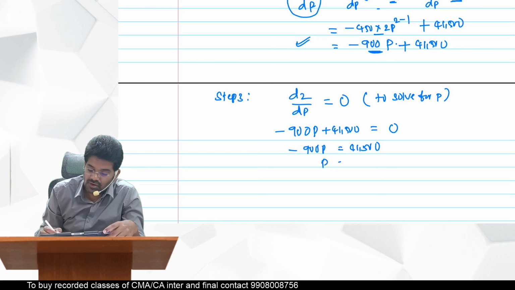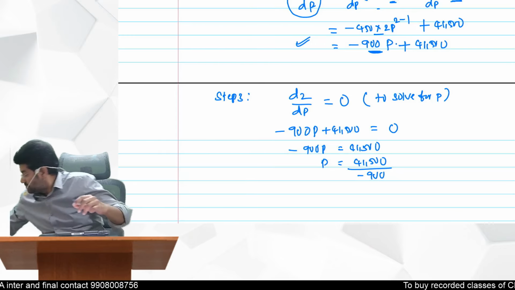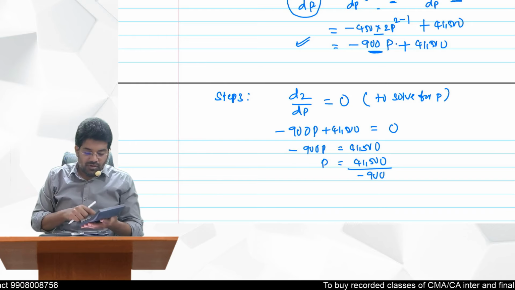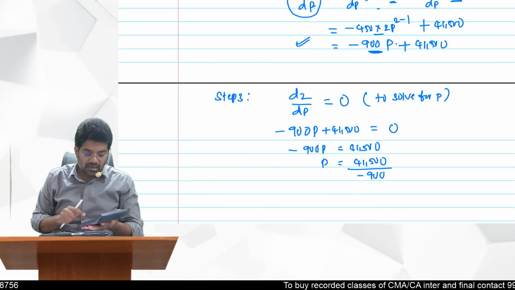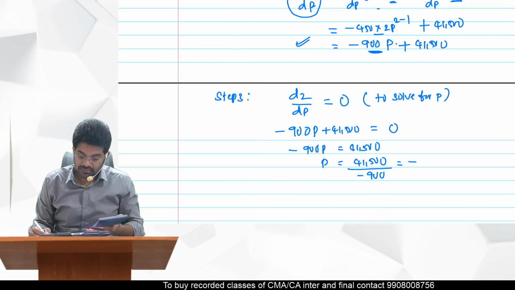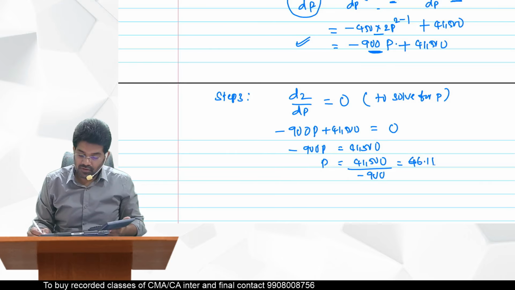P is equal to 41,500 divided by 900, you are getting 46.11.